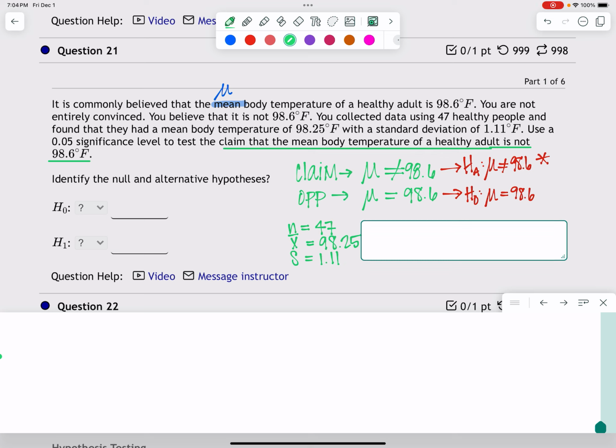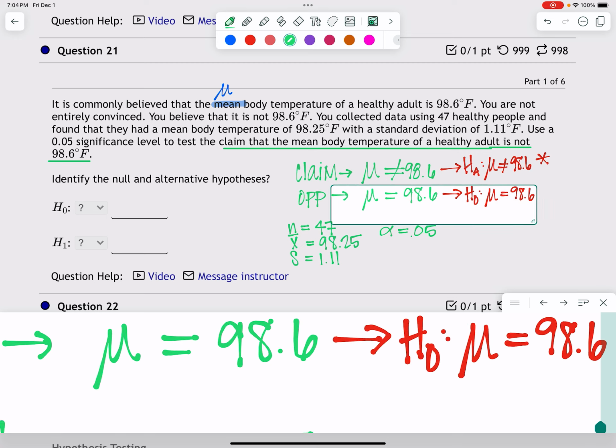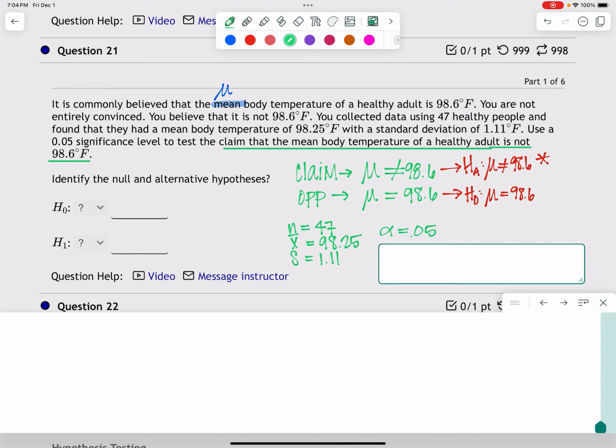They also tell us that we want alpha of 0.05. So now it's time to go to StatCrunch. Before we can go to StatCrunch, we need to decide the distribution we want to use. In this case, we're using the average. And we do not have the population standard deviation, so we're going to go with student T.